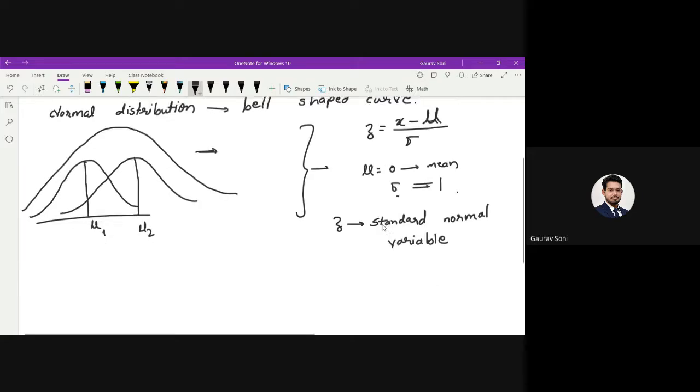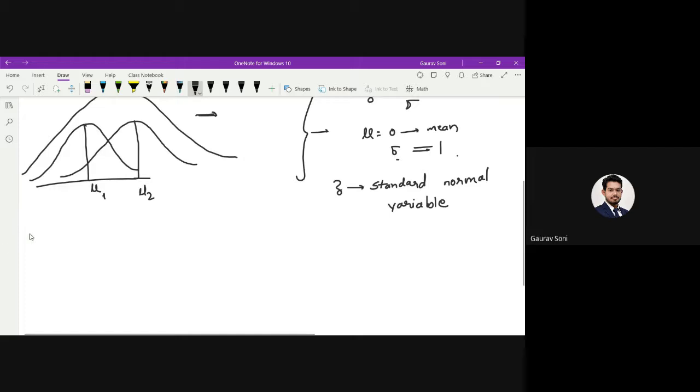The area under this curve, the area under the probability density function, is probability. Okay.